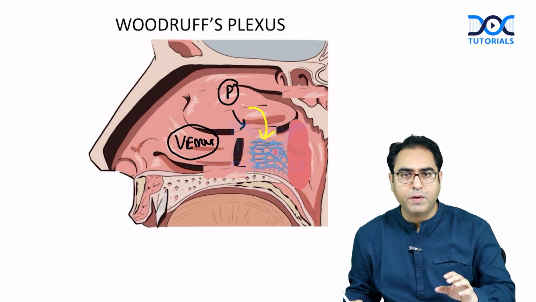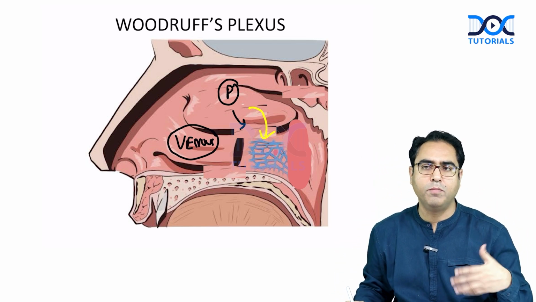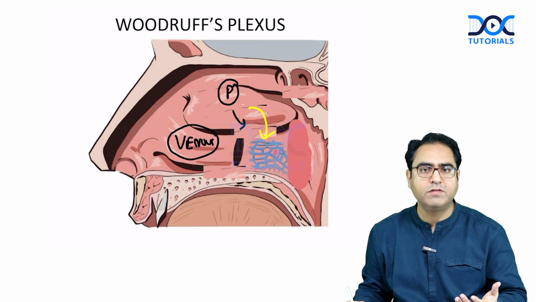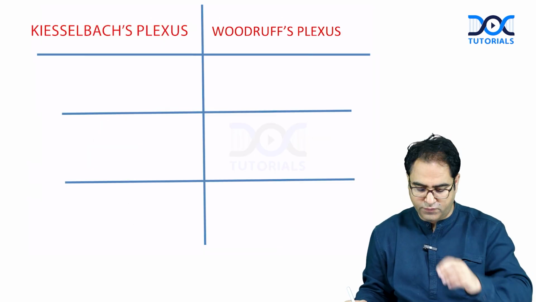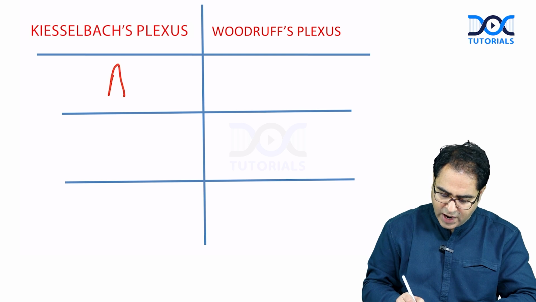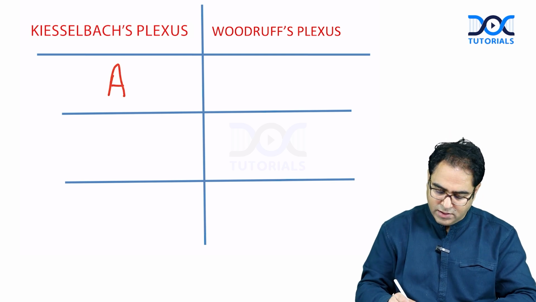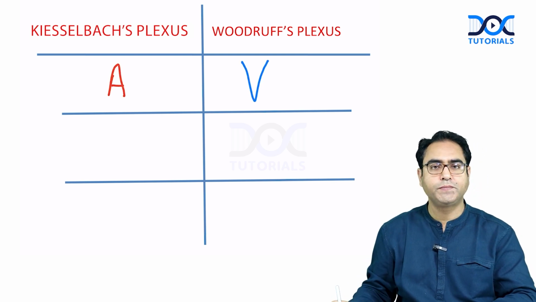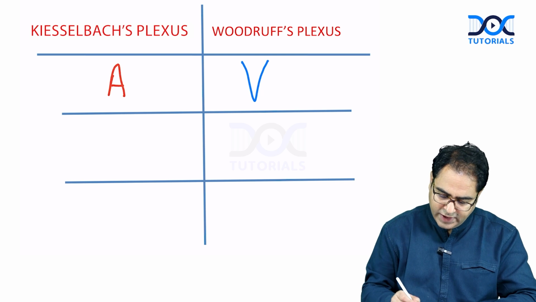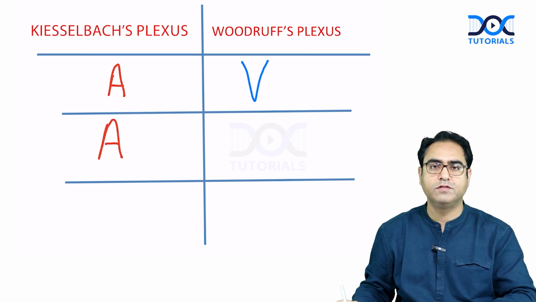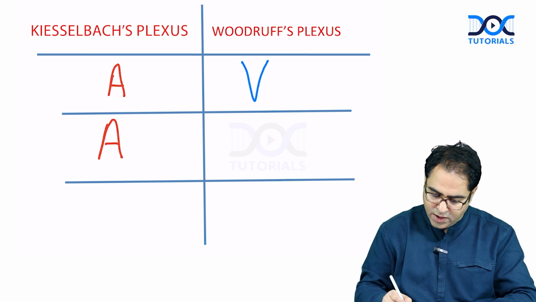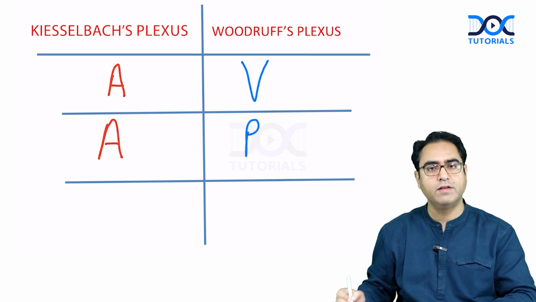Woodruff plexus is not a very common site of bleeding. It is an uncommon site, but you should know how to differentiate Kiesselbach from Woodruff. First of all, Kiesselbach is an arterial plexus and Woodruff is venous. Number 2, Kiesselbach is in the anterior part of the nose and Woodruff is in the posterior part of the nasal cavity.